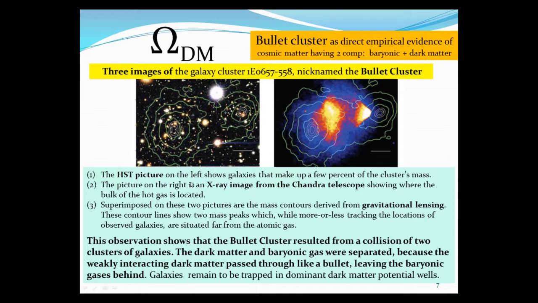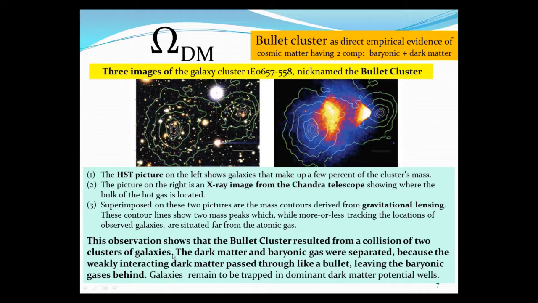Remember, light is bent by the mass, and from this we can deduce what the masses are. And these contours show the two mass peaks here, which more or less track the location of the observed galaxies, but are far away from the atomic gas.